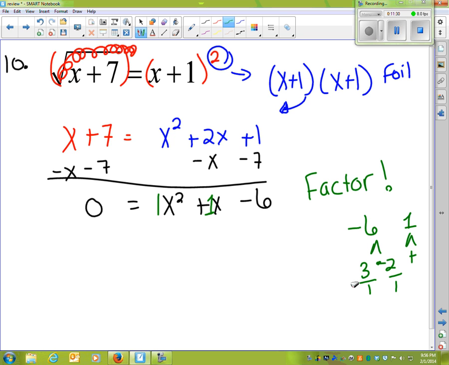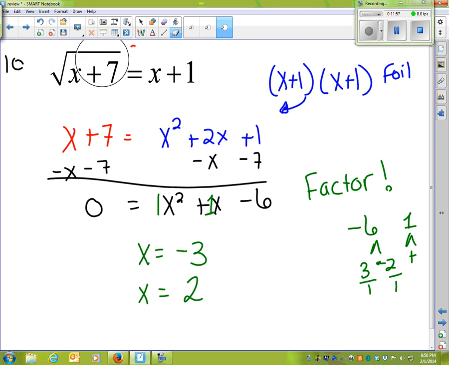Your answer is the opposite of your factors. So if I have positive 3 for my factor, that means x is equal to negative 3. If I have negative 2 as my factor, that means x is equal to positive 2. And now I need to go back to my very original equation and check and see if both of those work out.